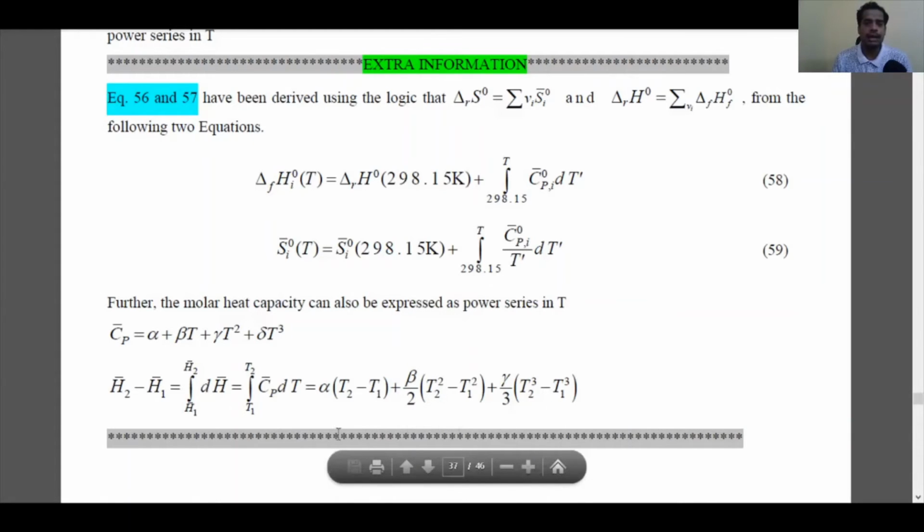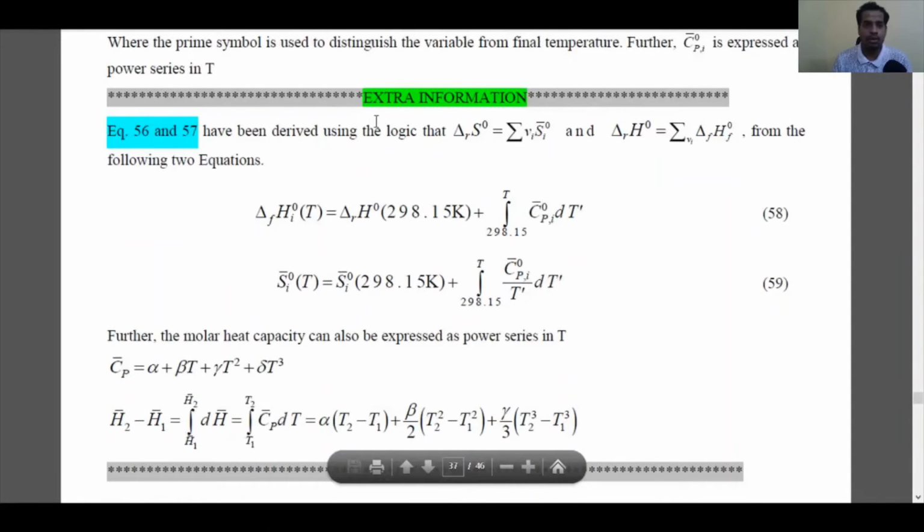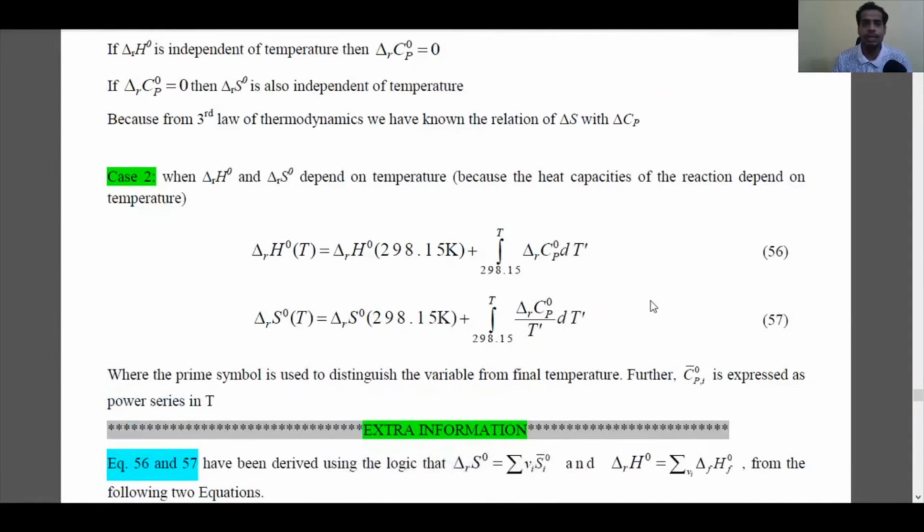So this is the expression for heat capacity as a function of temperature. I will not go into much detail of this extra information. We'll simply use the case that the reaction enthalpy is dependent on temperature and reaction entropy is dependent on temperature, and the expressions are given as equation 56 and 57.